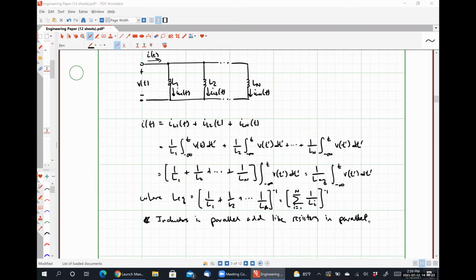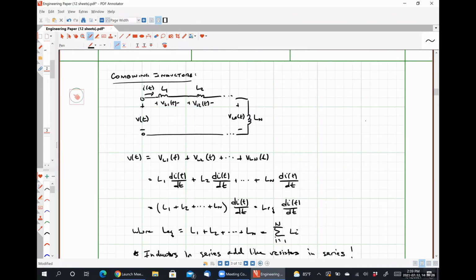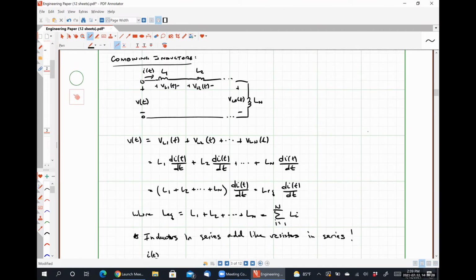Can I scroll up to the inductors in series? Absolutely. So I want to be clear here. I do not expect you guys to ever have to derive this junk that I derive. Knowing the last bit there, that inductors in series add like resistors in series, is absolutely enough to solve anything that I'm going to throw at you.